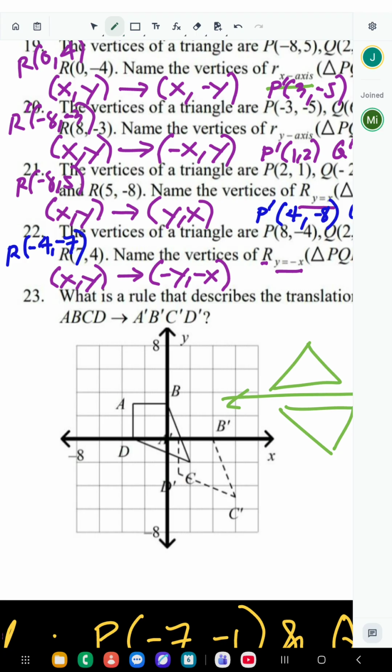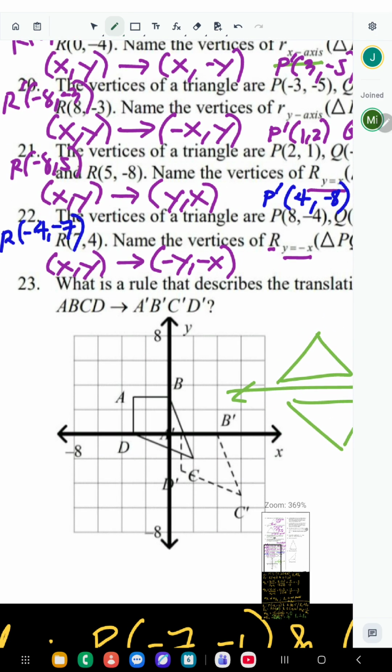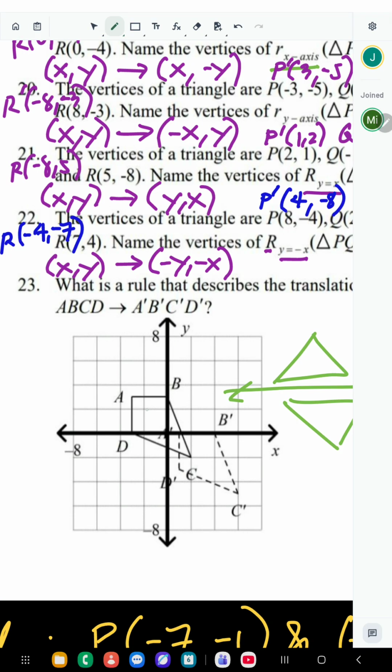Let's just pick a point, any point. Maybe this one here, and then this is moved somewhere, maybe here.